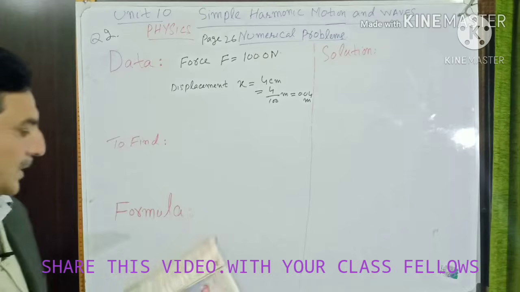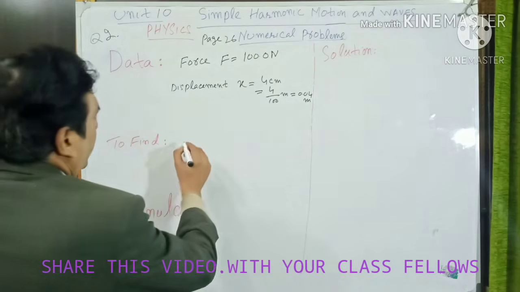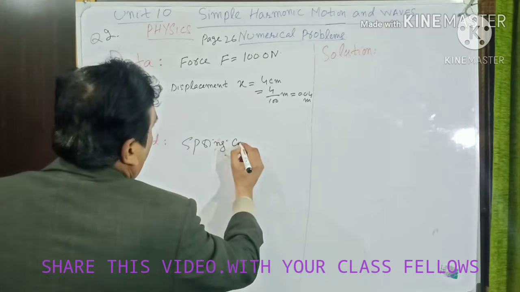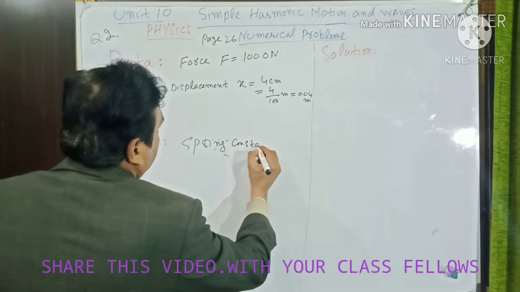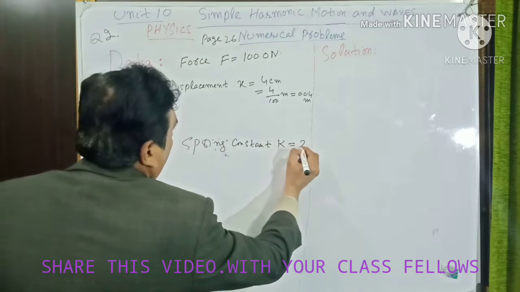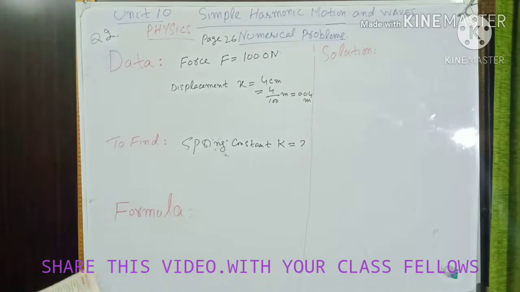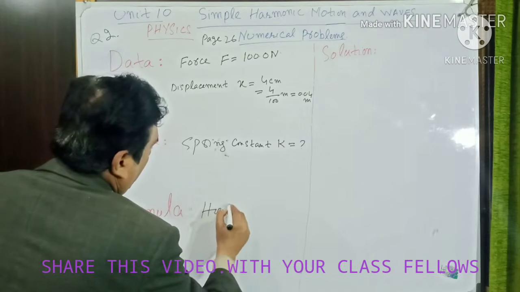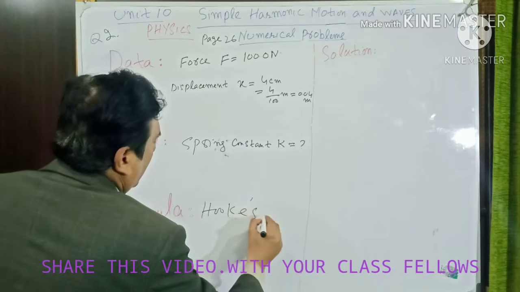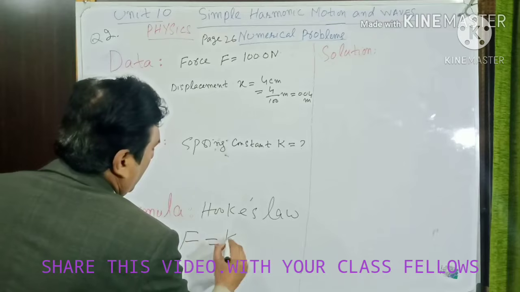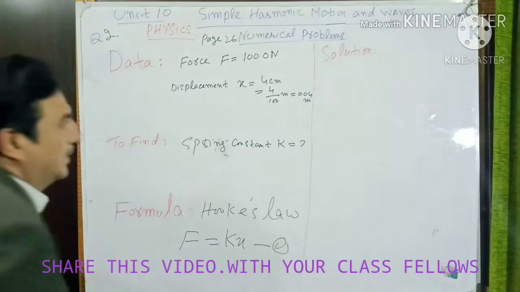What is its spring constant? To find the spring constant, which is shown by K, the formula used in this numerical is Hooke's law. F is equal to Kx. This is equation 1.